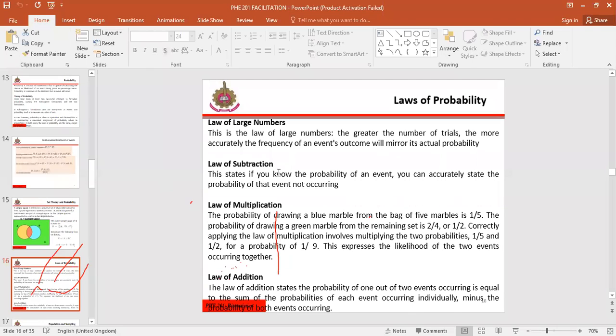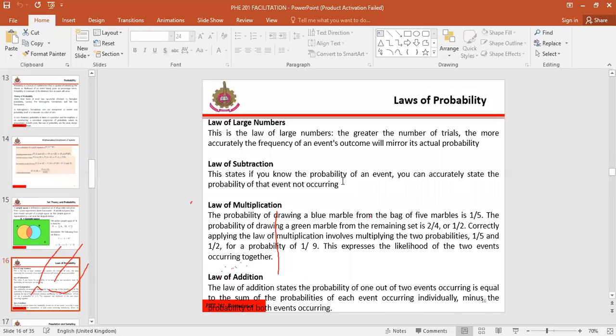Then the law of subtraction states that if you know the probability of an event, then you can accurately state the probability of that event not occurring. For example, the probability of throwing a coin and getting a head.